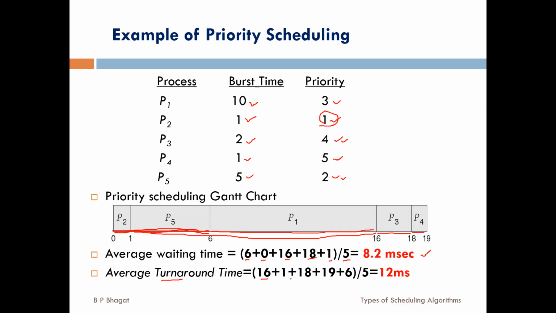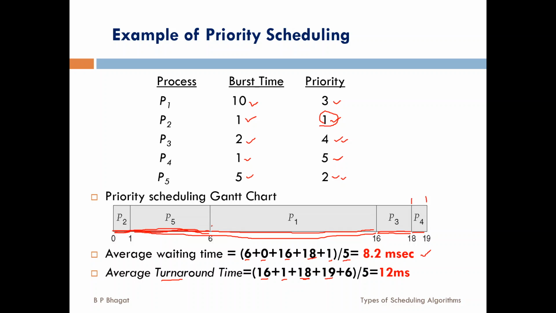Then for P2, the executing time is 1 and the waiting time is 0, so the turnaround time for P2 is 1. In the same way, the turnaround time for P3 is 18, as the waiting time is 16 plus the executing time of 2. Then for P4, the waiting time is 18 and the executing time is 1, so the total turnaround time for P4 is 19.